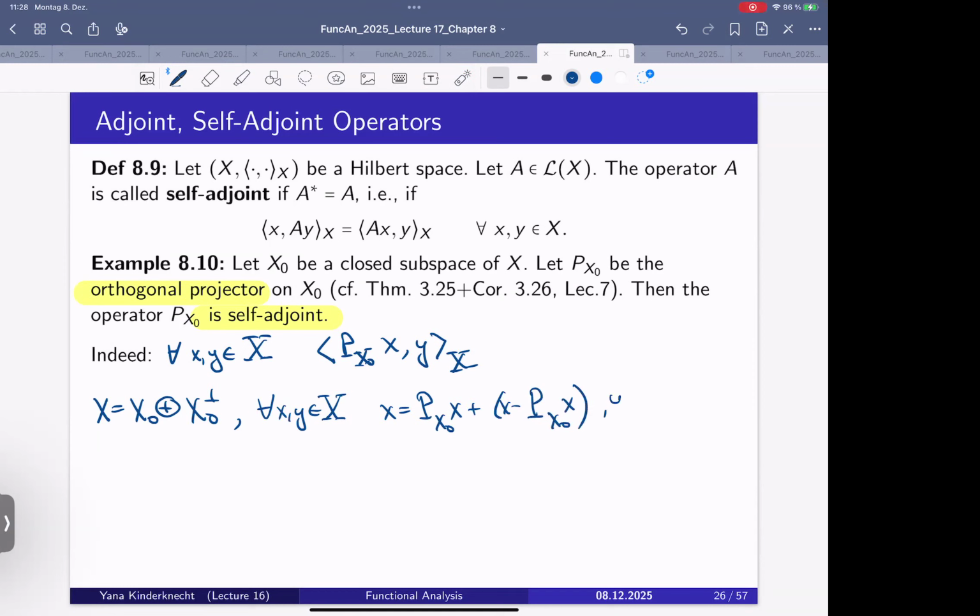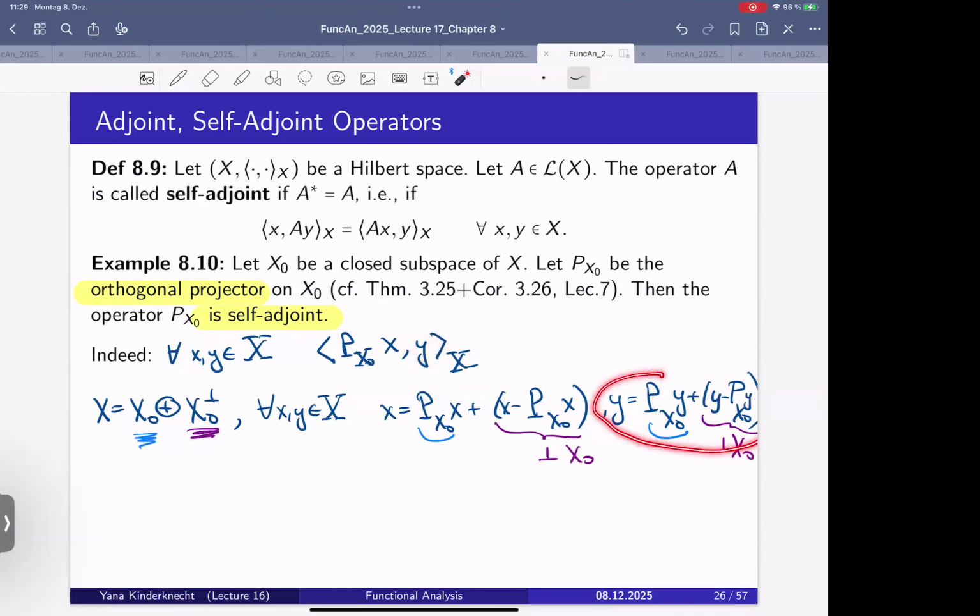The same for y: the orthogonal projection of y plus y minus the orthogonal projection. These objects belong to X0, and these other objects are orthogonal to X0. Hence, I may decompose y here as here.